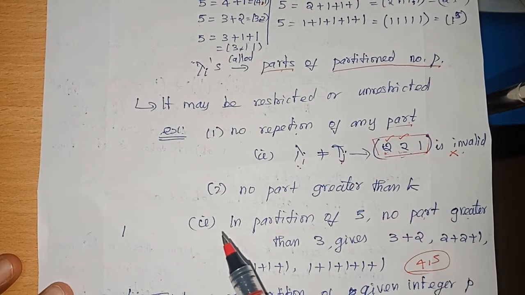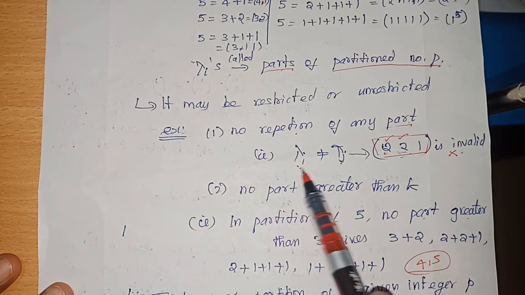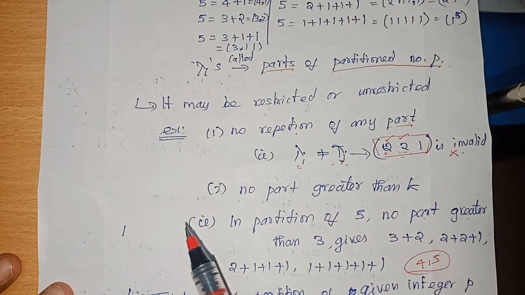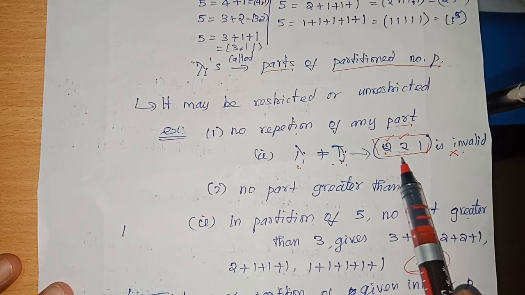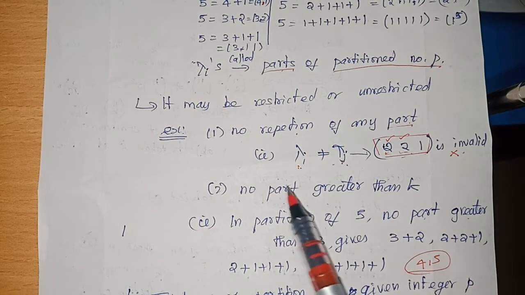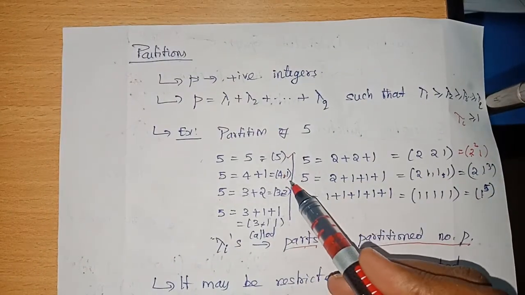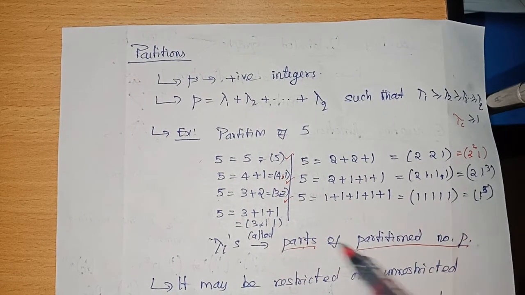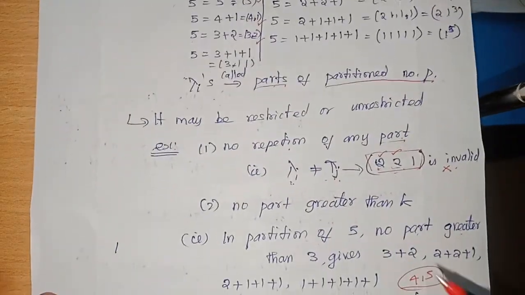Here 2 and 2 are repeated. But I am restricting that no part should be repeated. So lambda i should not be equal to lambda j for all i, j. So I should not select such a partition. I have to select a partition without repetition. That means I can go with the first, second, and third partitions. In all other cases, repetitions are there.